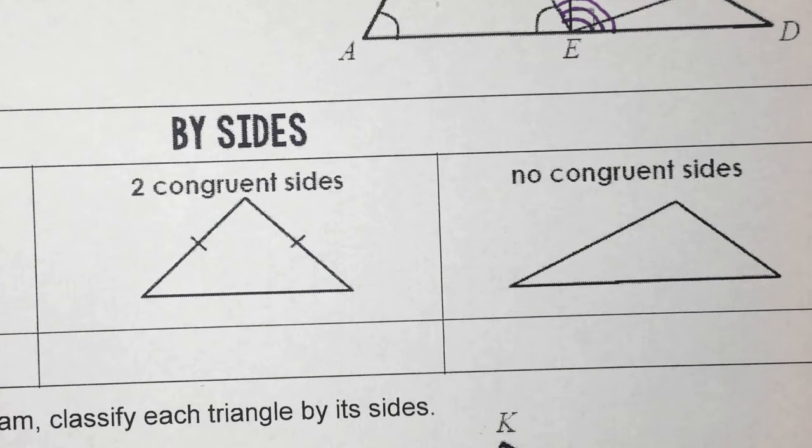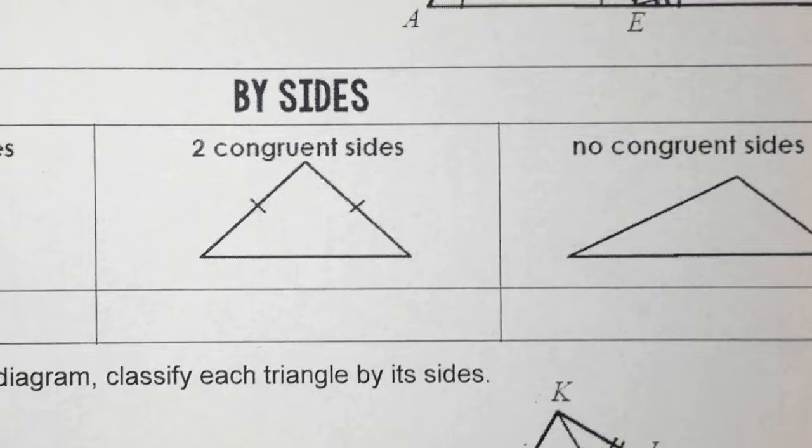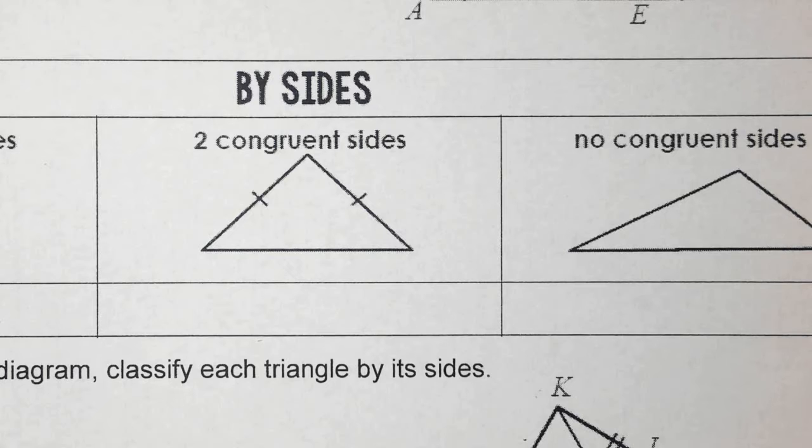Excuse me. Next one, 2 congruent sides. The triangle has 2 congruent sides. What kind of triangle do we call that? A parallel triangle?